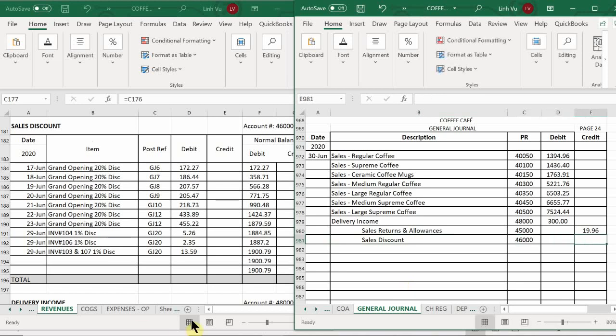And how much am I going to credit this account for? $1,900.79.